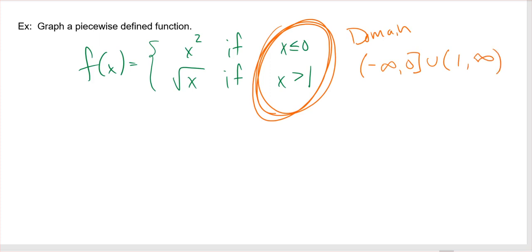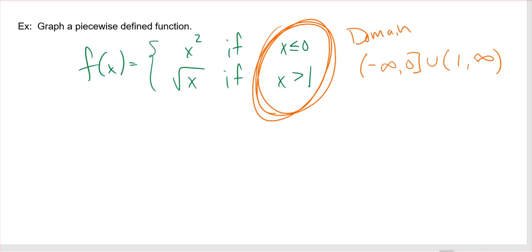So maybe we can make a note that the function is not defined on the interval 0 to 1. There are no function values whose ordered pairs have an x-coordinate between 0 and 1.